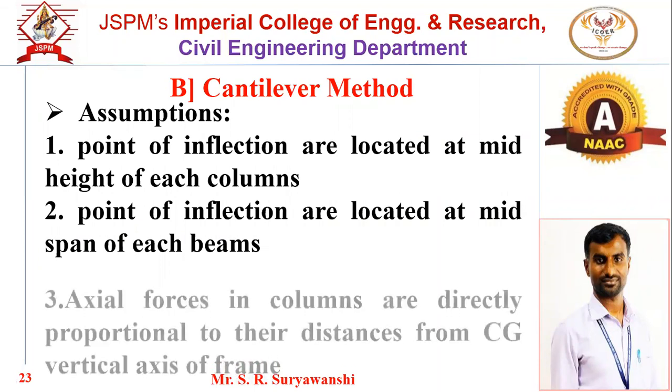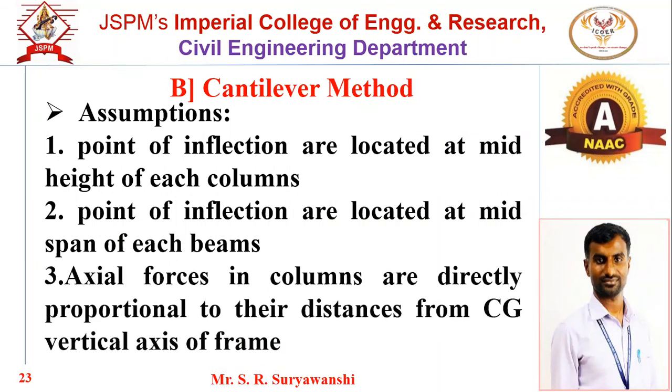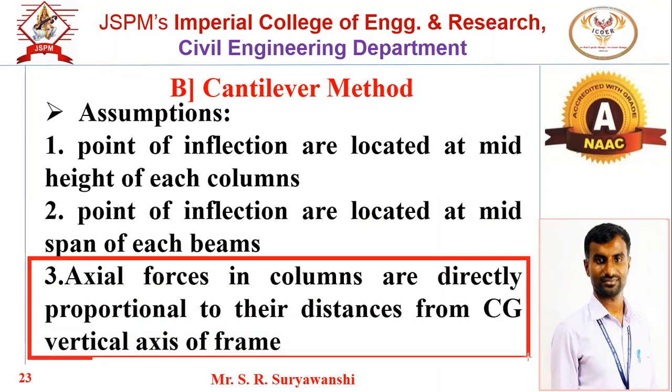Third assumption, it will be different. Look, I am reading what it is. Third assumption: the axial forces in columns are directly proportional to their distances from the centroidal vertical axis of the frame. Do you understand? Look, axial forces in columns are directly proportional to their distances from the centroidal axis of the frame.